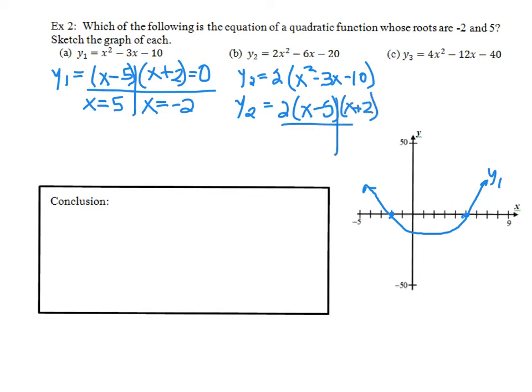And again, if I set this equal to 0, I get the two roots, x equals 5 and x equals -2. But for this one, I saw that it had a coefficient of 2. We know that's going to vertically stretch my graph.